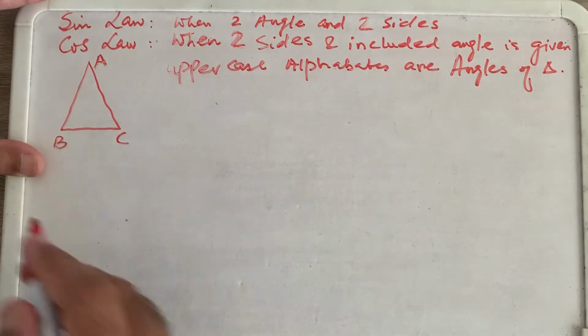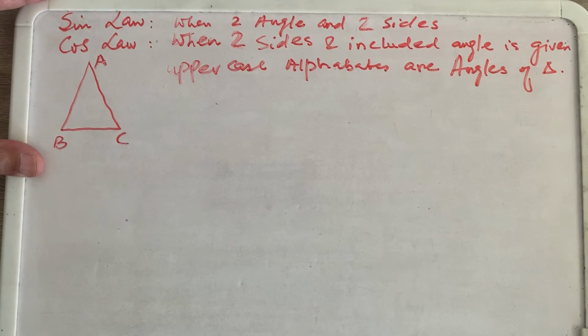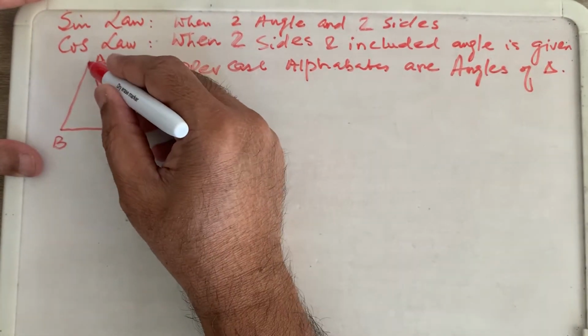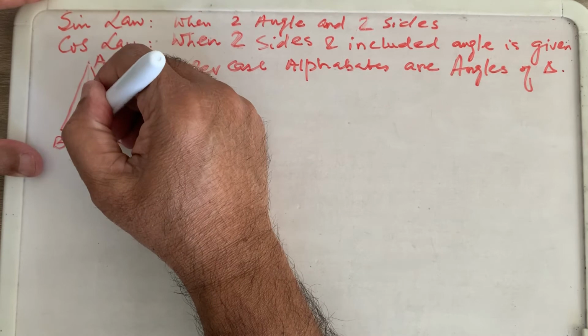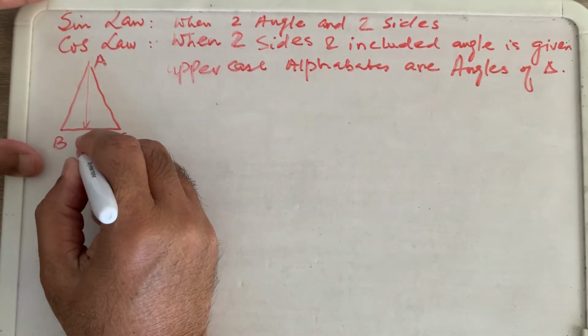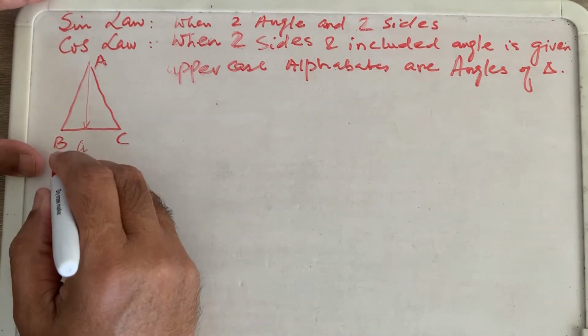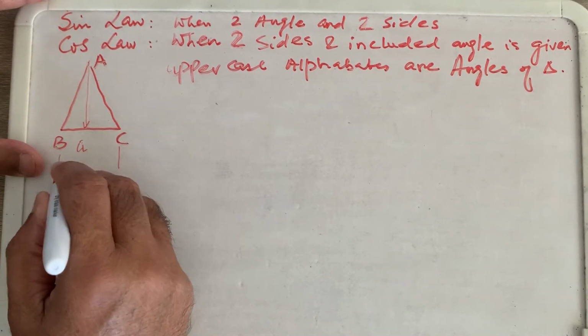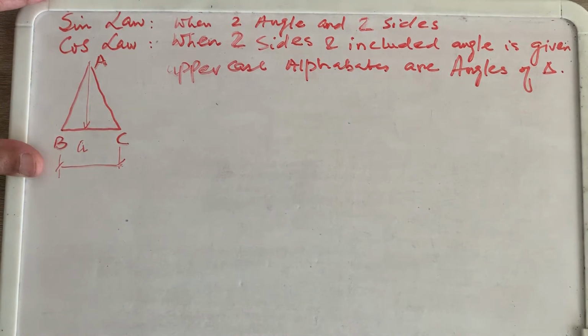So all these capital A, B, C are the angles, and opposite to these angles the side measurement is always taken. So opposite to angle A there is a small a, lowercase a. This lowercase a indicates the dimension of the opposite side, BC.